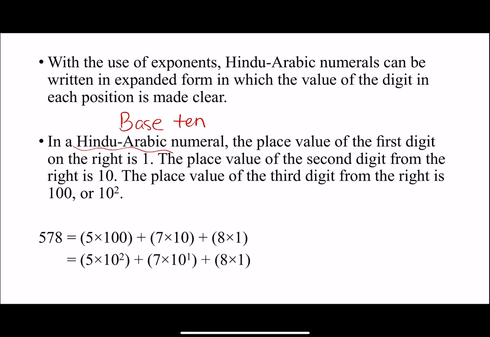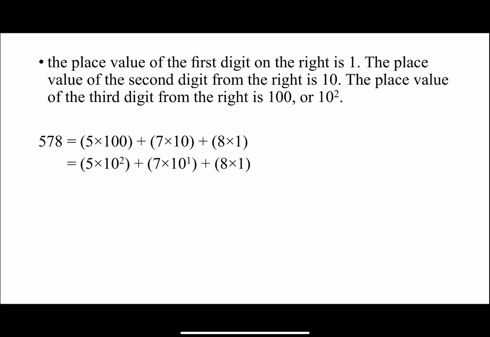For example, the numeral 578 is 5 times 100 plus 7 times 10 plus 8 times 1. 100 is 10 to the power of 2, 10 is 10 to the power of 1, and 1 is 10 to the power of 0. So you're expanding this numeral based on the powers of 10, because that's base 10.